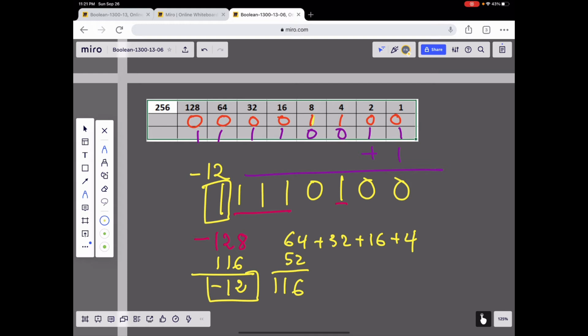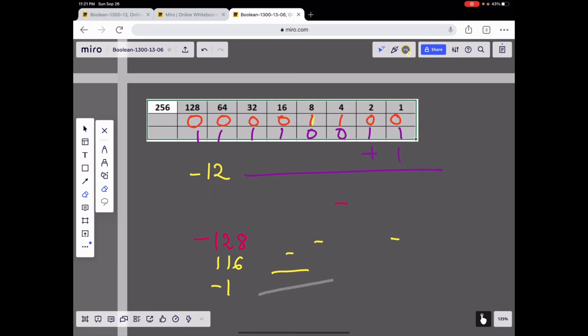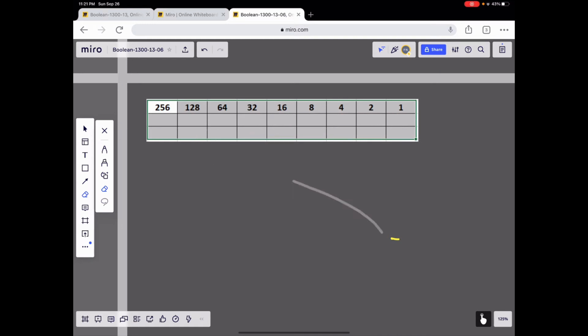So let's look at a couple of examples here. One is, let's say, 4 plus 3. Two positive numbers.